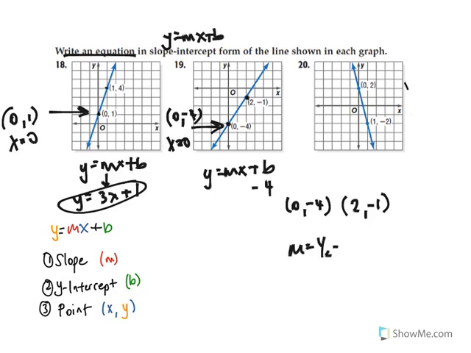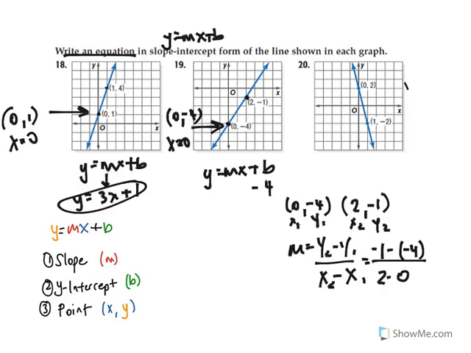We write our equation, and we substitute. 1 minus -4, remember, a negative and a negative turn into a plus.